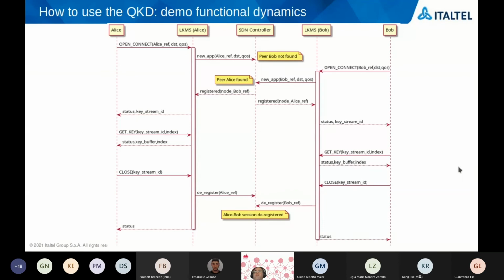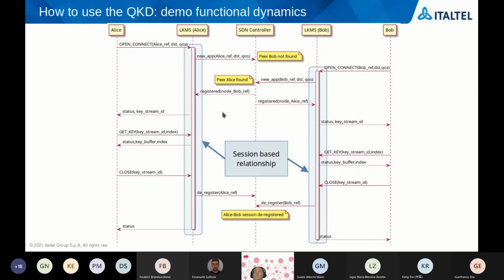Now it's time to understand how QKD can be used by applications for getting encryption keys. First of all, the keys are extracted in a session-based relationship between the application and the key manager.